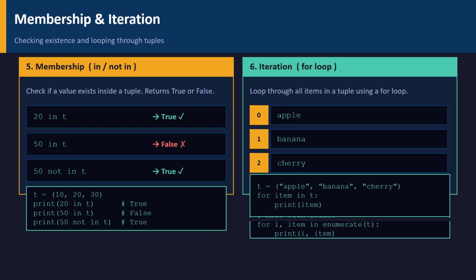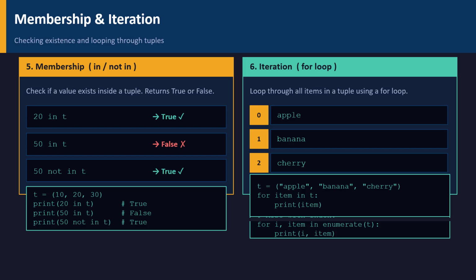For example, if T is having three values, that is 10, 20 and 30, then 20 in T returns true because 20 is present. Whereas 50 in T returns false because 50 is not given in the tuple. And the last option, that is 50 not in T, returns true, confirming 50 is not present in the tuple.